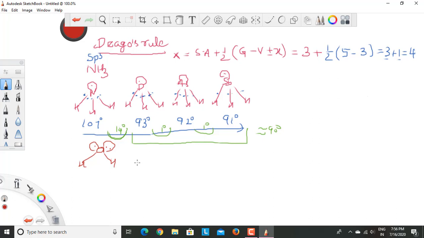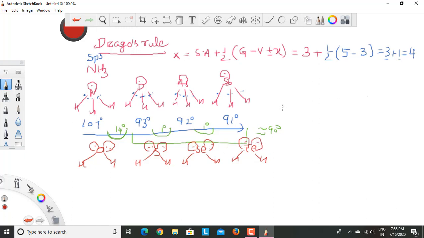Again, H2S you take, two lone pairs, two bond pairs. H2Se you take, you will have two lone pairs and two bond pairs. H2Te you take, you will have two lone pairs and two bond pairs.